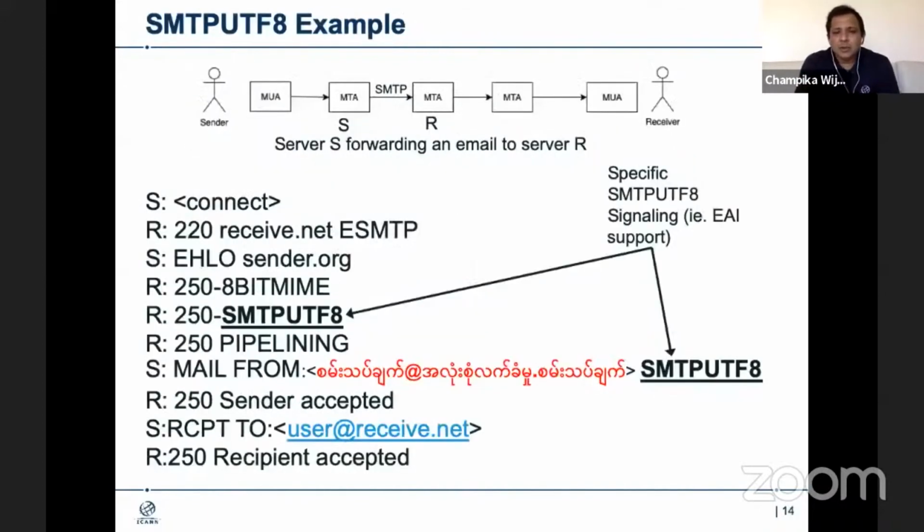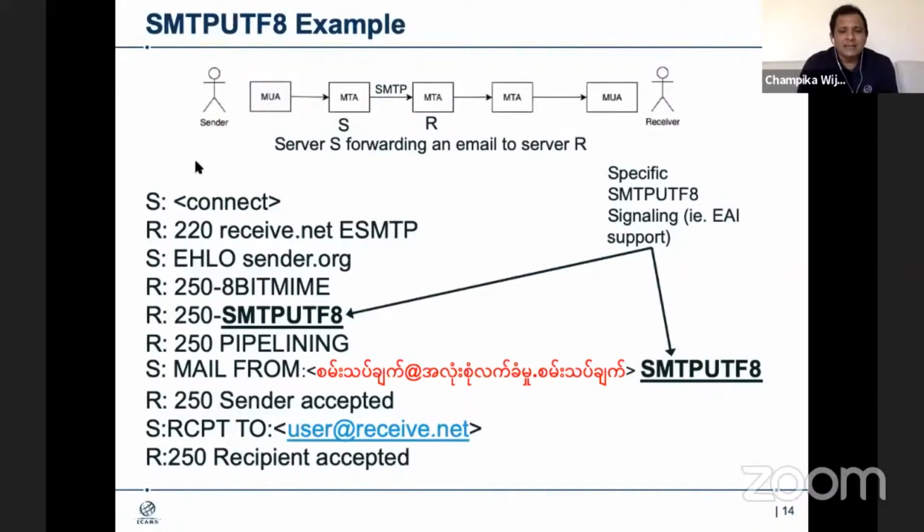This is just to show you a little bit of signaling between those mail servers. So between two mail servers, let's pick one server as a sender and the other as the receiver. Usually, before the mail is delivered, the mail servers establish a connection, and then they share some signaling to make sure that the email can be delivered.